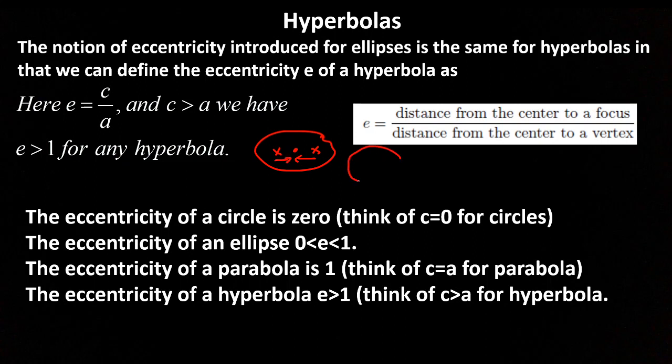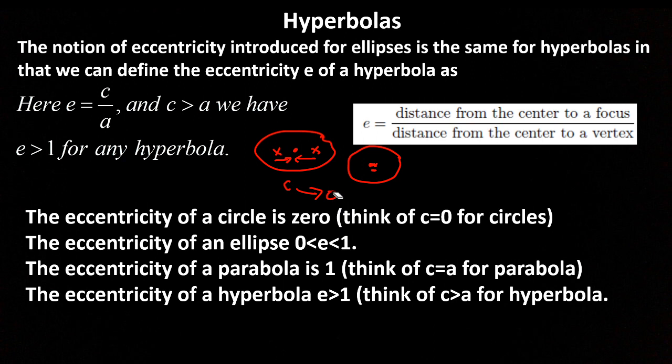So if it's really circular, then the center is here and the foci are really close to it. So that means the distance from the center to foci is really small. So c goes to 0 as we make what? An ellipse more circular. And so c becomes really small compared to a, and then e approaches 0. And if it is exactly 0, then we have a circle.